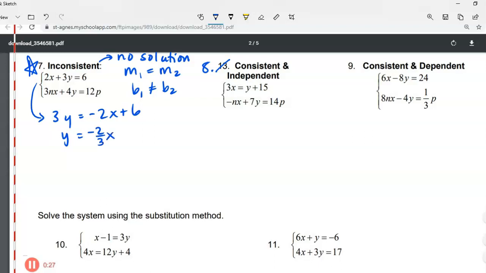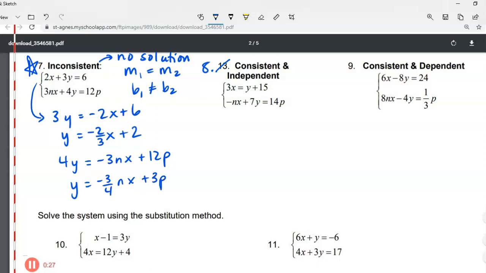I'm dividing by 3 to every term, plus 2. Alright, now I'll go to the next one, and I have 4y equal negative 3nx, and then I have this plus 12p here. Divide by 4 to every term, so y is equal to negative 3/4 nx, and then 12 divided by 4 is 3p.